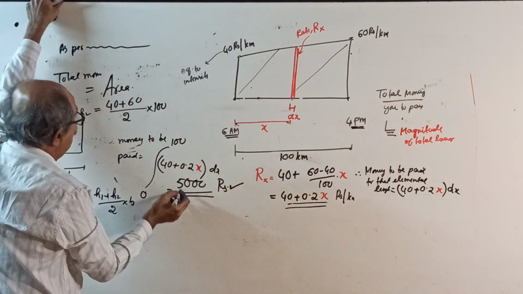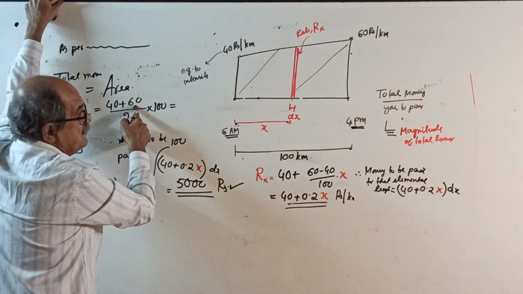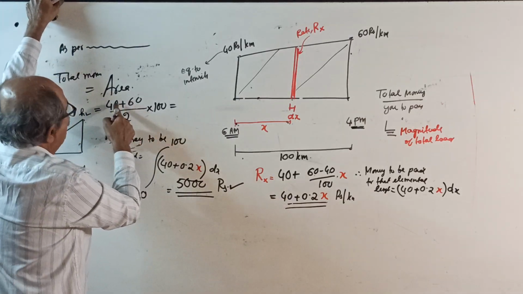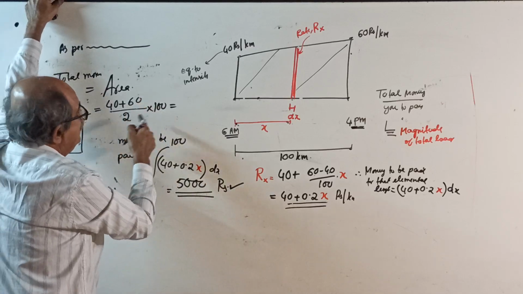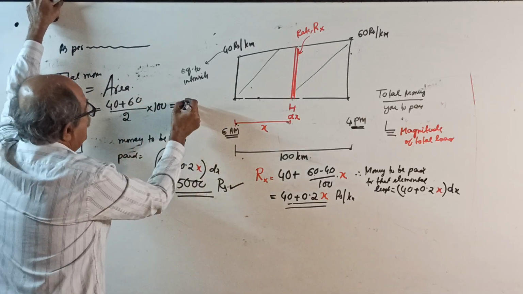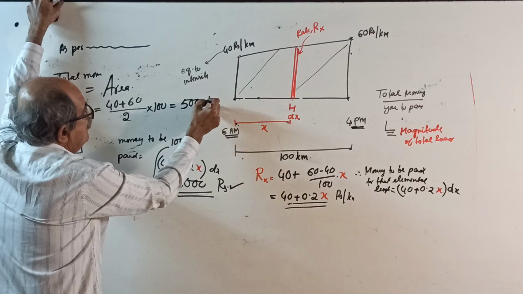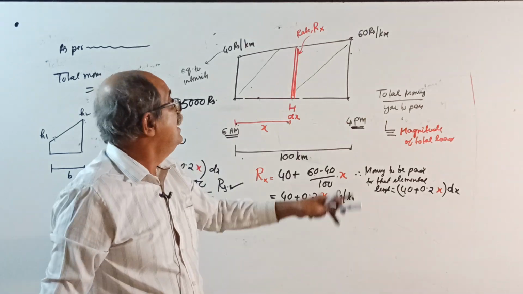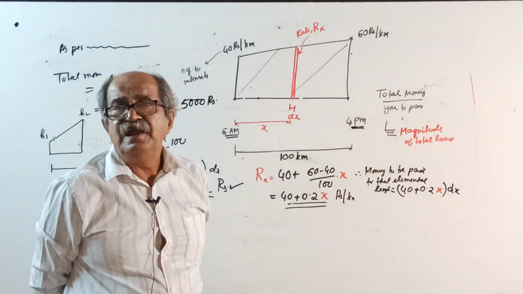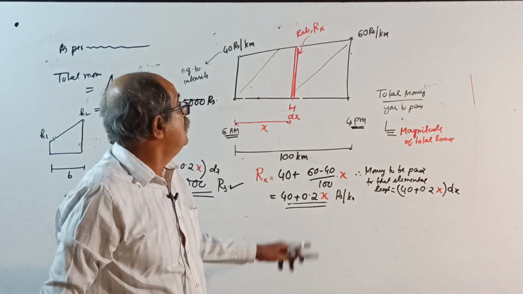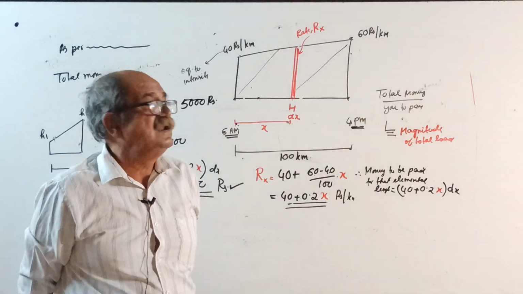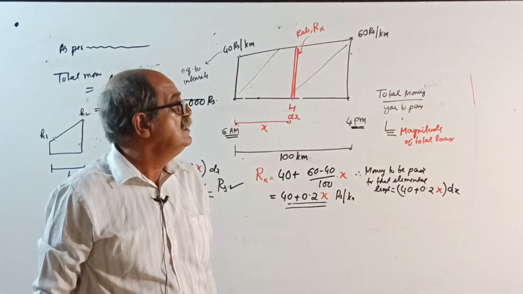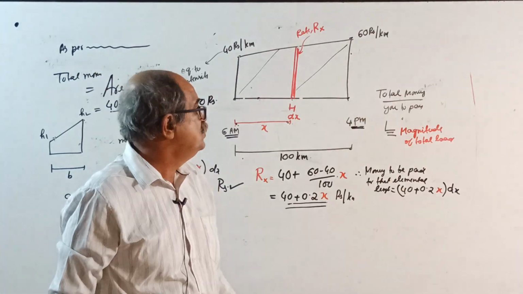Don't waste time calculating: 50 into 100 is 5,000 rupees. So you can calculate by three options. One, average intensity into loaded length. Second, area of the load diagram, which is what we will use in future. Last, by integration.